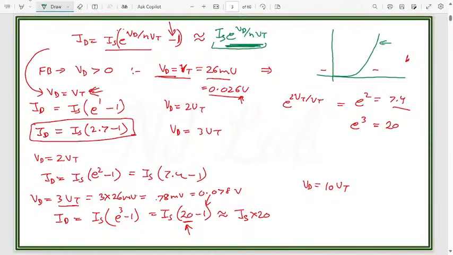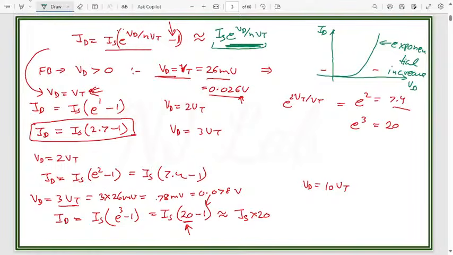It is an exponential increase in current, right? This is Vd.